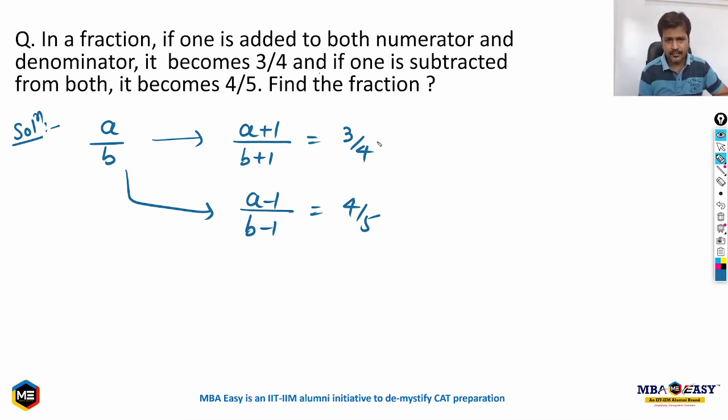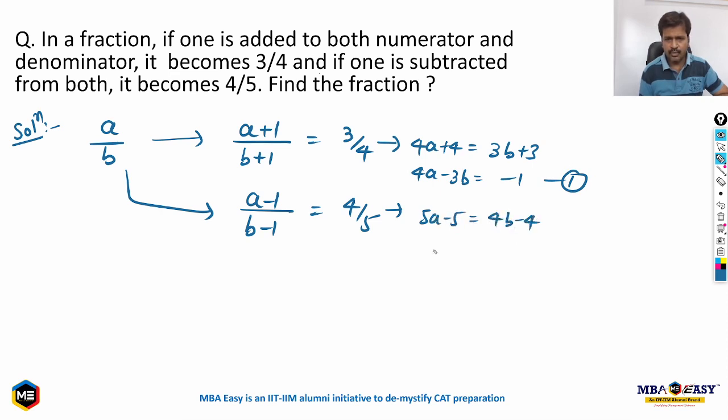Okay, so if you cross multiply, you'll get 4a plus 4 is equal to 3b plus 3. Upon rearranging, you'll get 4a minus 3b is equal to minus 1. So this is your first equation. Do that here also. 5a minus 5 is equal to 4b minus 4. Upon rearranging, you'll get 5a minus 4b is equal to 1.